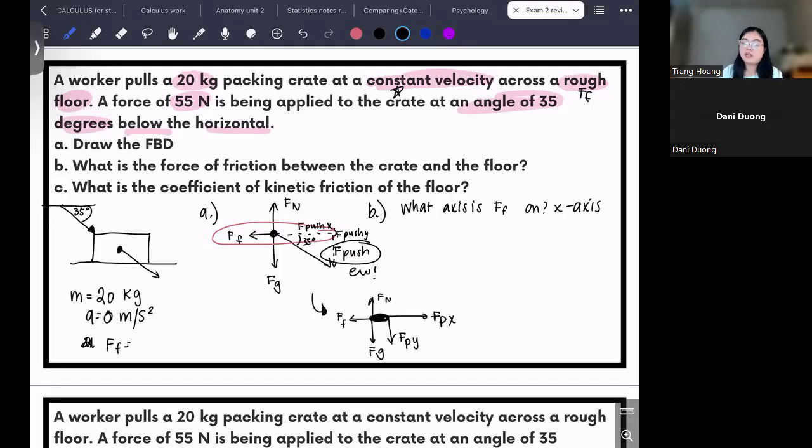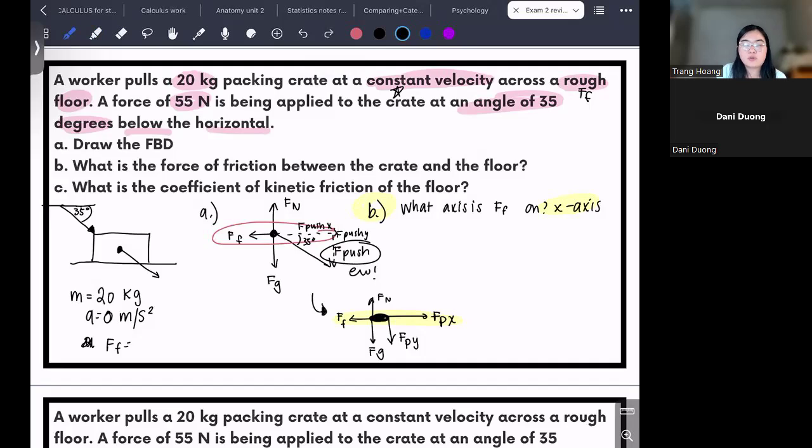Okay. And so if we only care about our forces in the x direction when we're solving for this, that's the only thing we have to consider, right? So if we want to find the force of friction between the crate and the floor, I apologize.